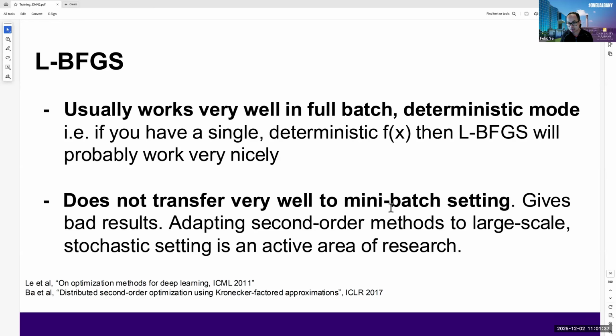So adapting second order methods to the large-scale stochastic setting is a very active research area. This whole idea is not fully explored. If you really want to use second order methods, you should use full batch and deterministic mode in these cases.